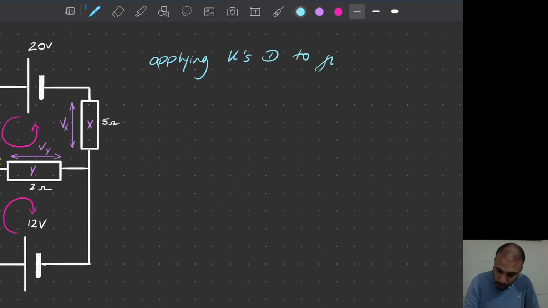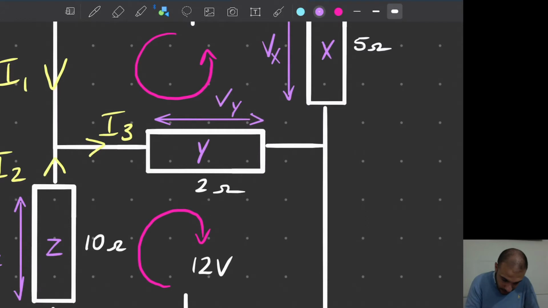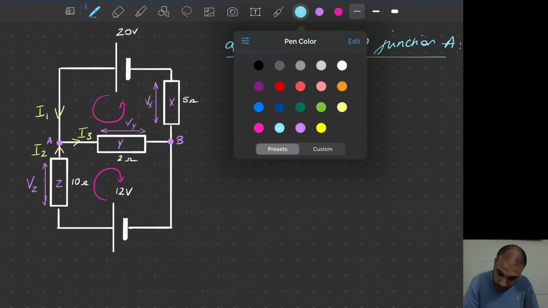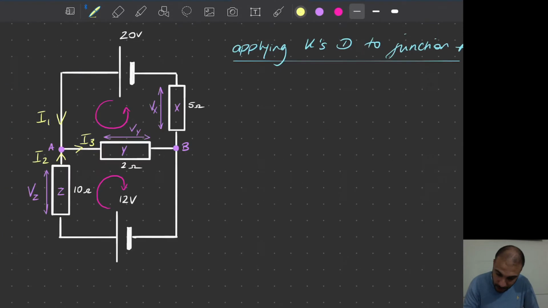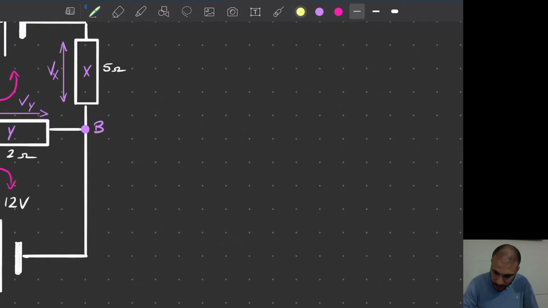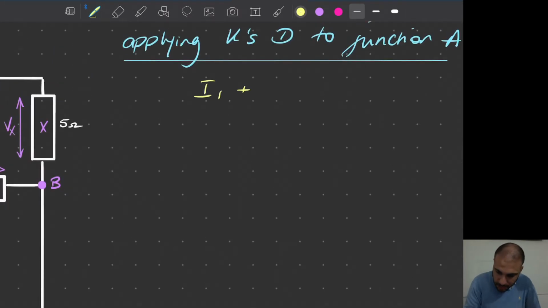Now I'm going to label the junction A. We have two junctions here, this junction and this junction, and I label this one as A, given that I already wrote everything next to it. Alright, and what we're going to say here is that all current entering the junction, we have I1 and I2 entering, is equal to the current leaving. Sorry. So, I1 plus I2 is equal to I3.